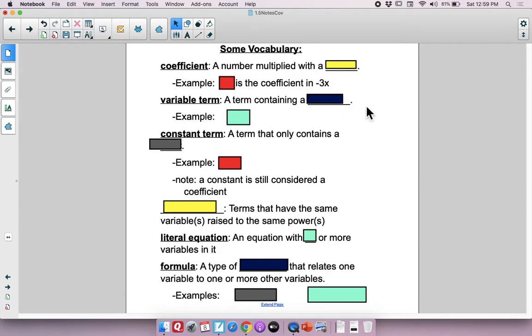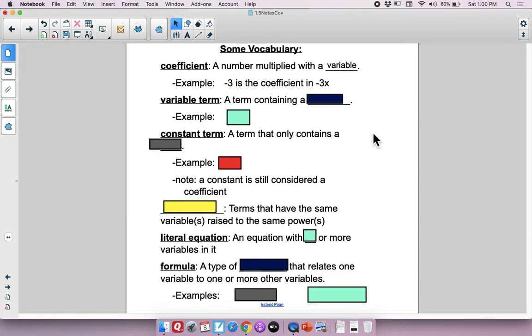All right. We've used a lot of this vocabulary already this unit, but I just want to make sure that we're up to speed on it all, that we've got it all, and that it's in your notes, so you make sure that you've learned it. So a coefficient is a number multiplied with a variable. So in a term that we have negative 3x, the coefficient's what?